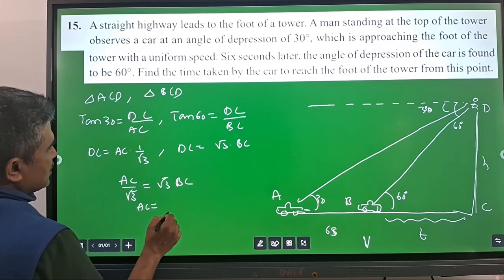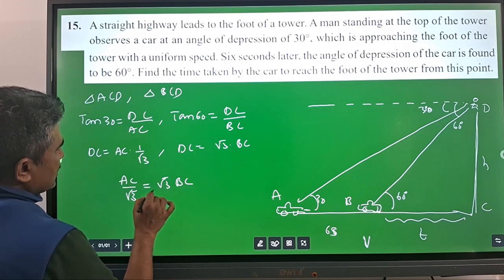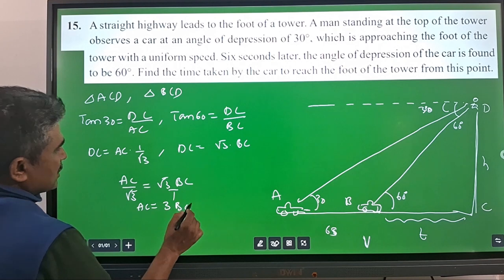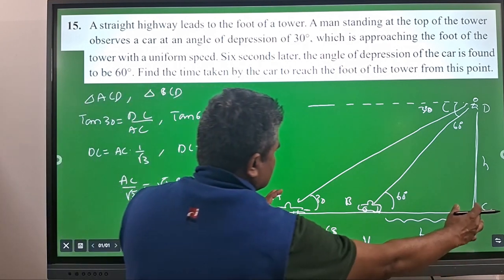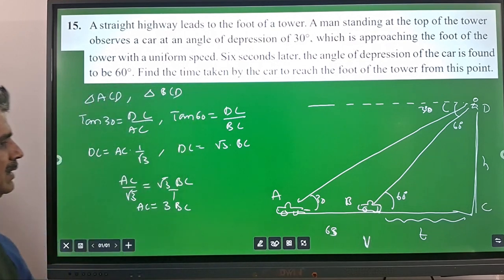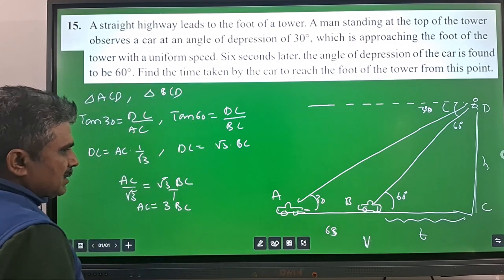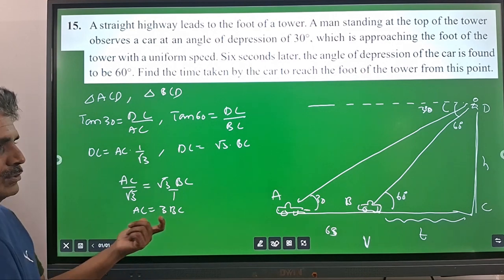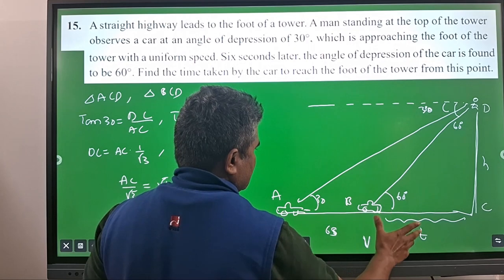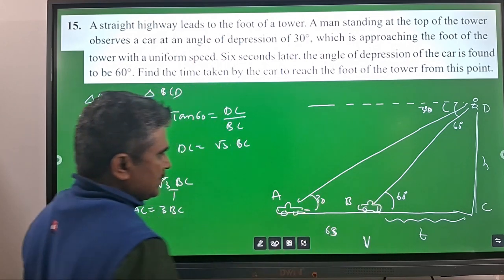By cross multiplication, root 3 into root 3 is 3, so AC is 3 BC. So AC value is 3 times that of BC value. We need to find BC, so whatever the length of BC is, we take 3 times BC to get AC.